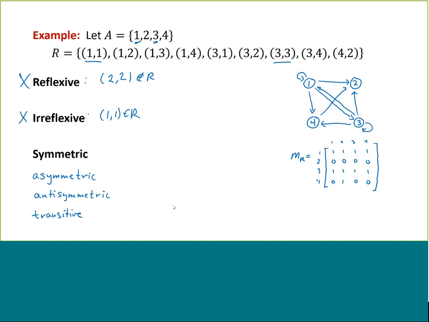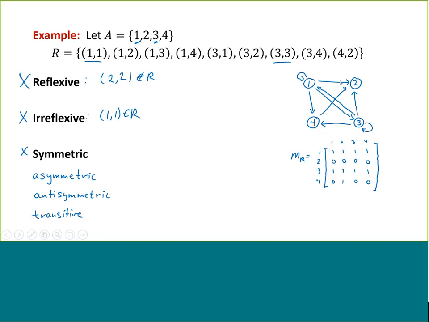So this one's not going to be symmetric. And what's the giveaway that it's not going to be symmetric? Well, the fact that you've got a single arrow right here.